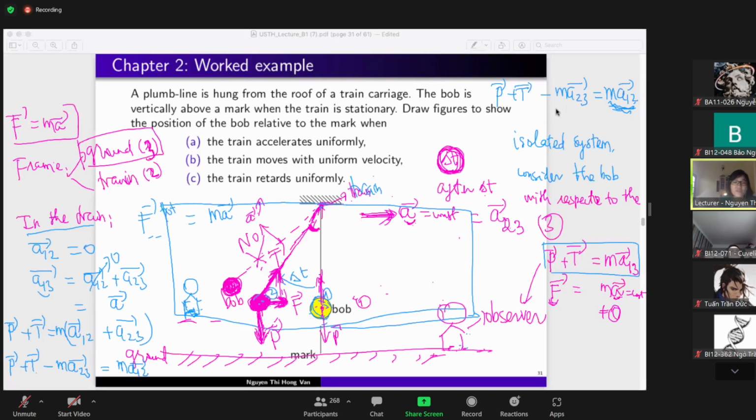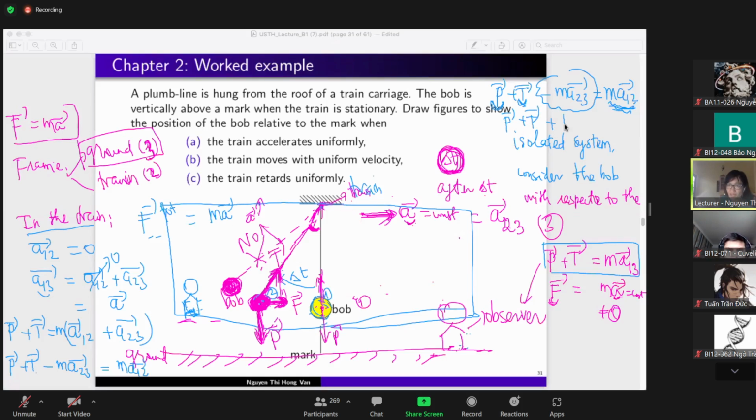The left tells you the total force acting on the object. In this case, the total force acting on the object is still the gravitational force and the tension. Okay, easy to understand. But in addition to these two forces, a new force appears. This new force I call the inertial force. This is not the normal force as you see in the inertial frame.